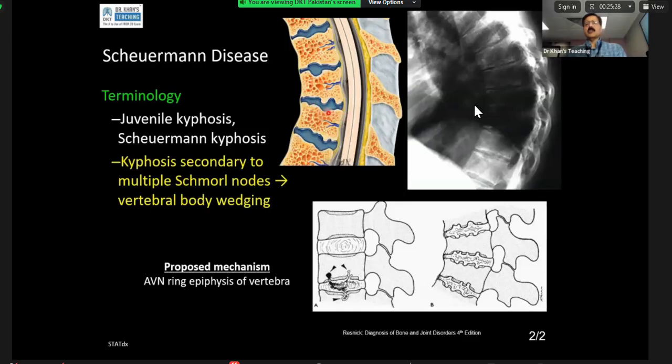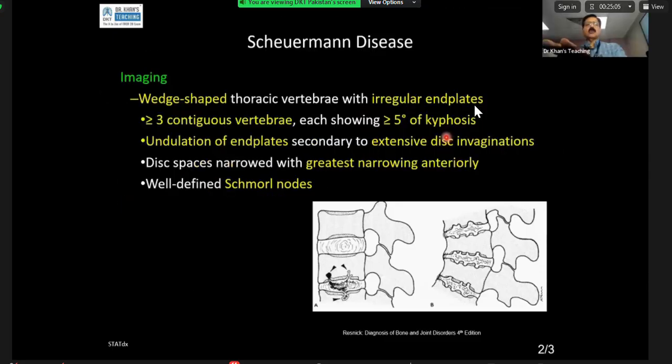There will be multiple Schmorl's nodes, and anteriorly the vertebrae will be more compressed as compared to the posterior side, overall giving a kyphosis. By the way, it's a self-healing process, and gradually the patient becomes normal. So usually it is self-limiting. At times braces are used to give support, but the prognosis usually is quite good.